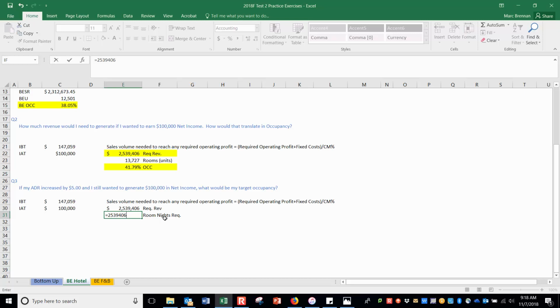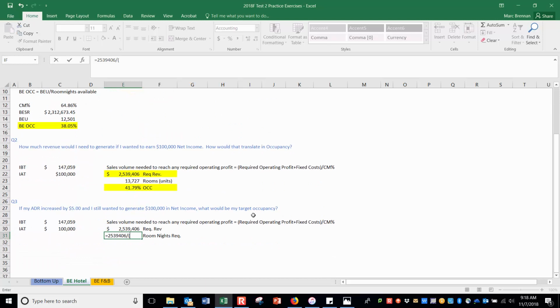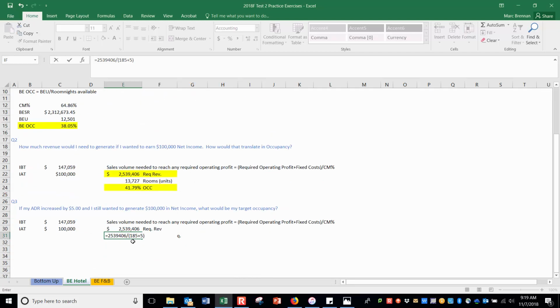The only difference is we're dividing our required revenue by our previous average daily rate, which is $185, and then we said we can increase our average daily rate by $5. So it's going to be $190 now. So I'm taking my required revenue, which is essentially, if we look at these calculations, my break-even sales revenue, and I'm dividing it by the average unit selling price, which is now my average daily rate plus $5.